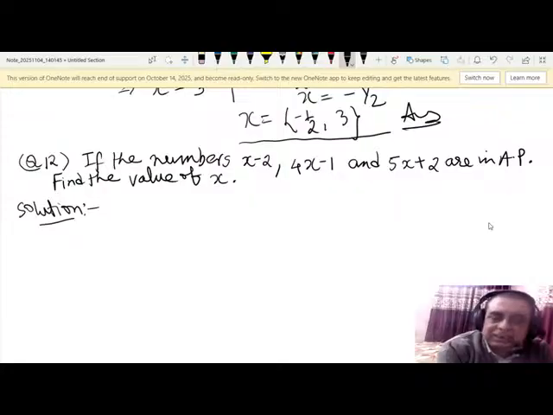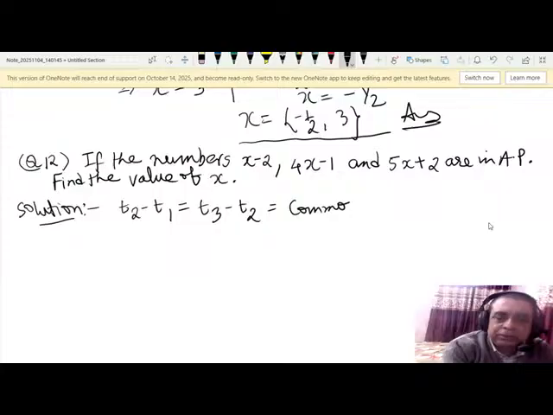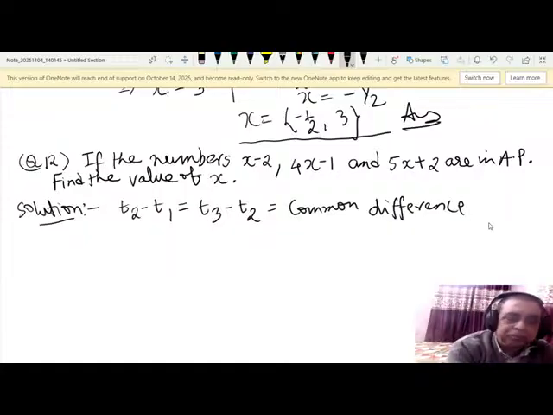When three numbers are in AP, the second term minus the first term is equal to the third term minus the second term. This is called the common difference. So write it.